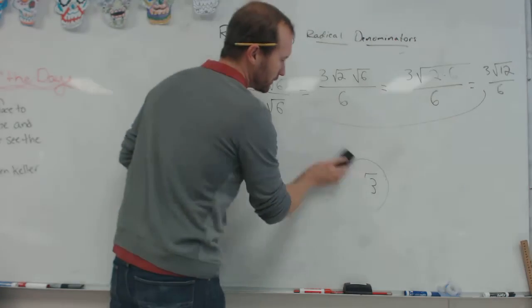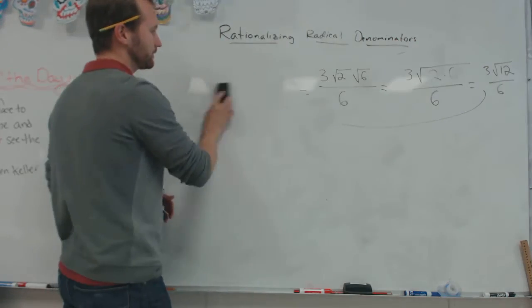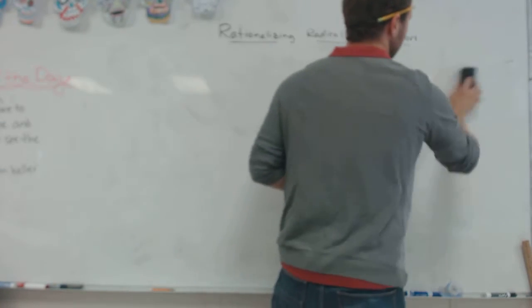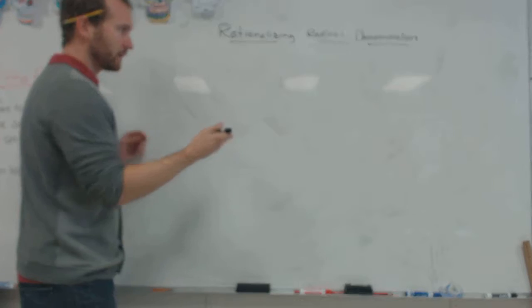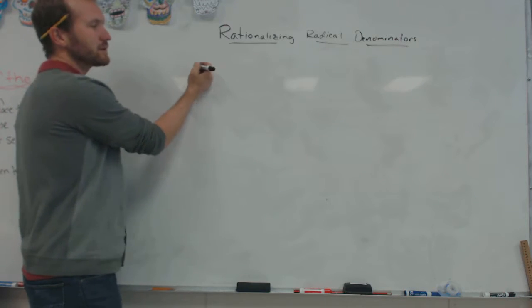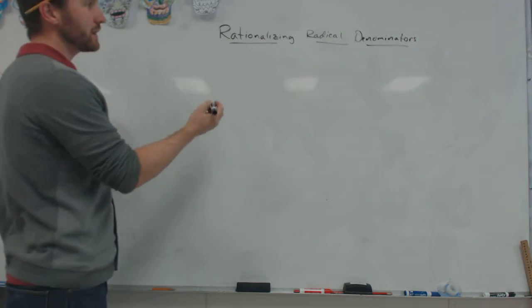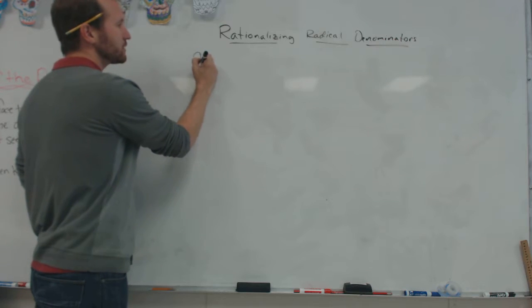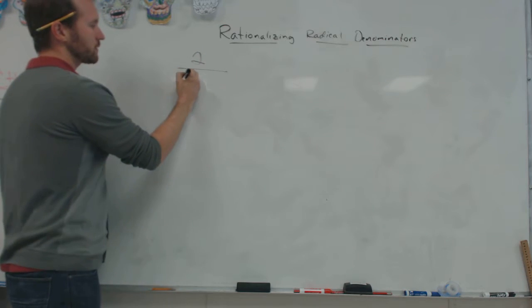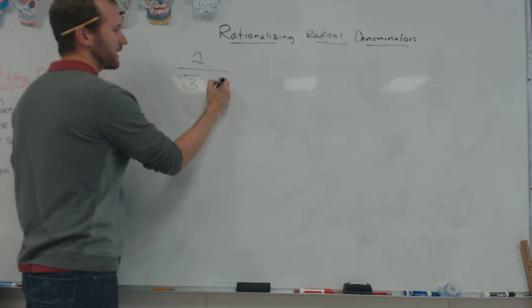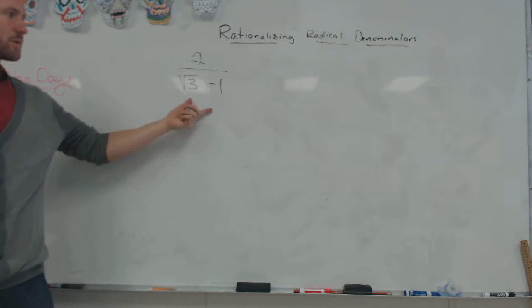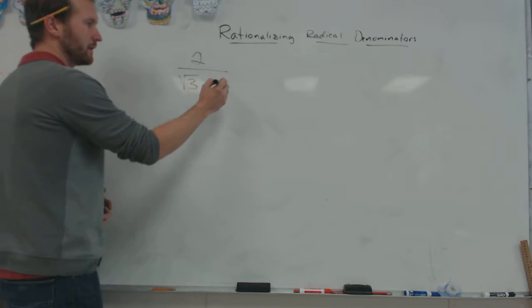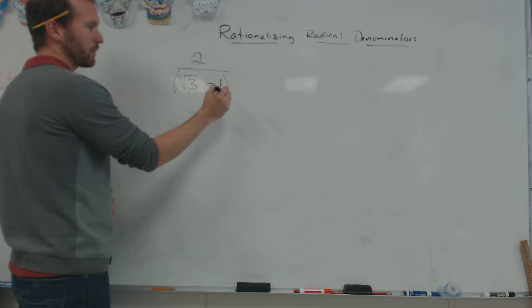And then I'm going to teach you one little trick, because I think you guys can handle more. So sometimes your denominator will not be one term. So what if I had 2 over the square root of 3 minus 1? If I multiply this times the square root of 3, the distributive property would apply.